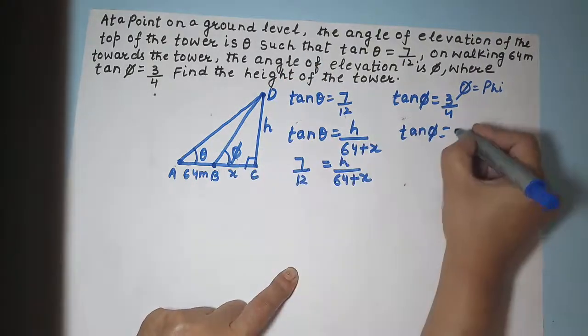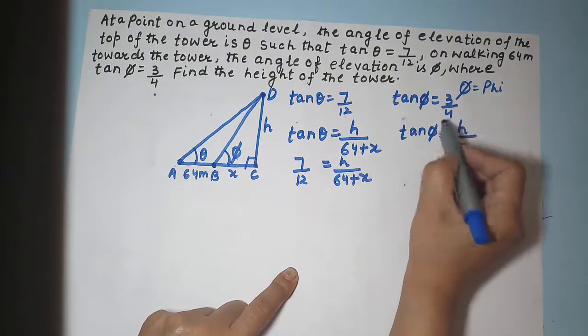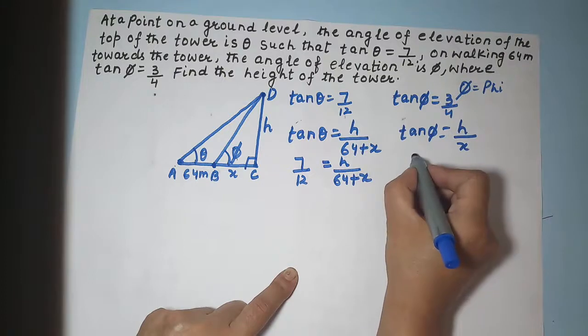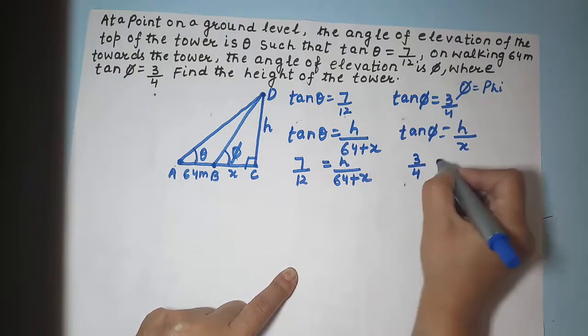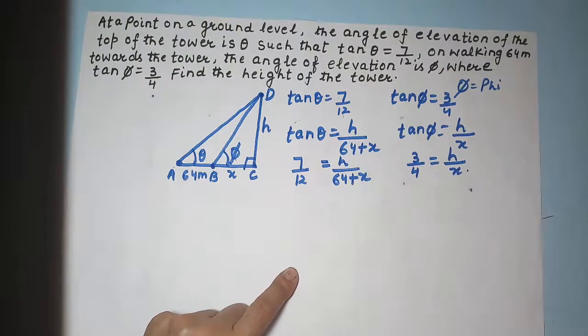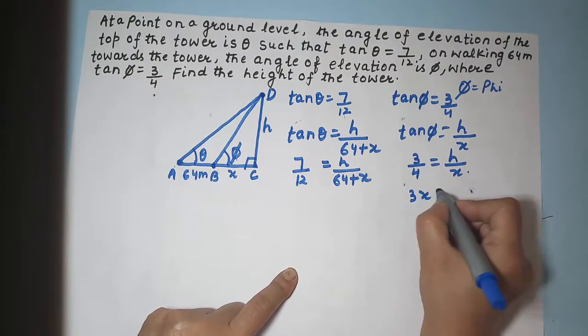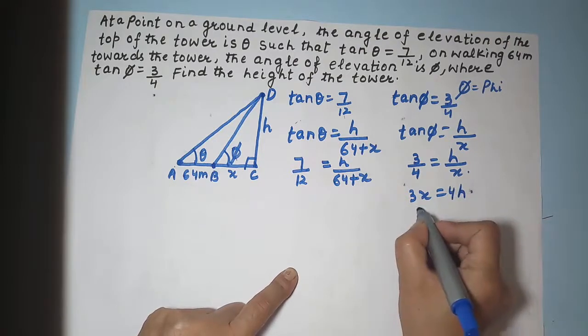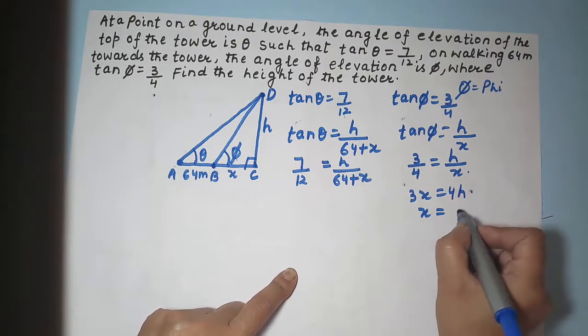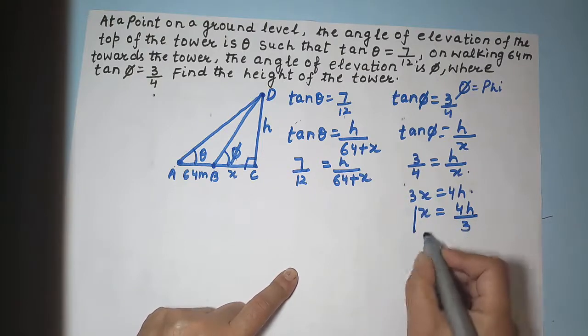Opposite upon adjacent, which is h upon x. I have the value for tan phi as 3 by 4. So I will replace this as 3 by 4 is equal to h upon x. So let me cross multiply. What will I get? I will get 3x is equal to 4h, or the value of x is equal to 4h by 3, right?